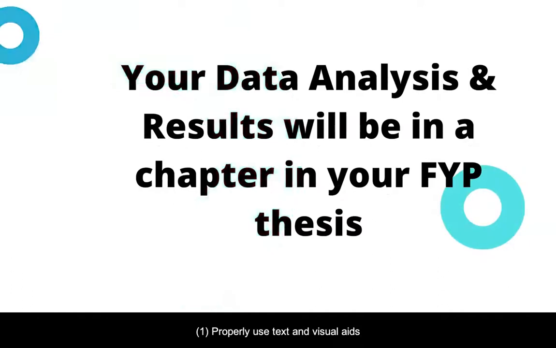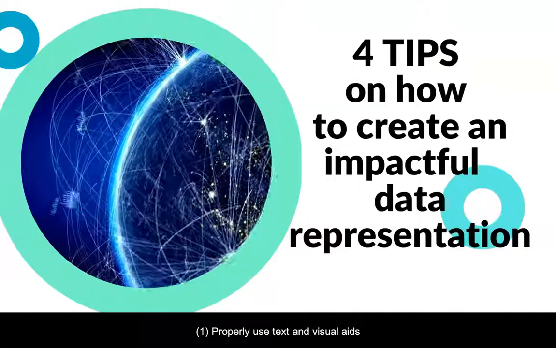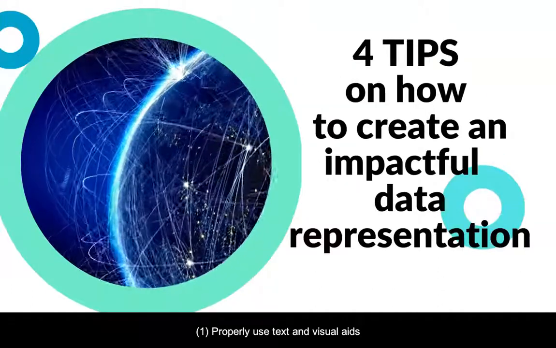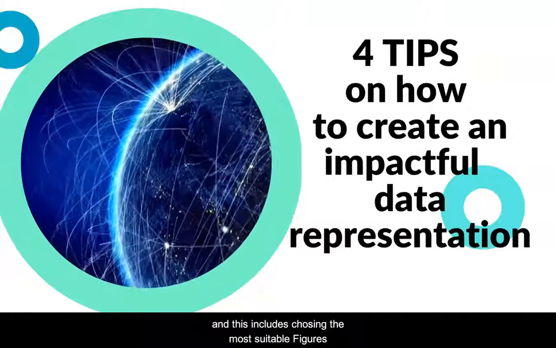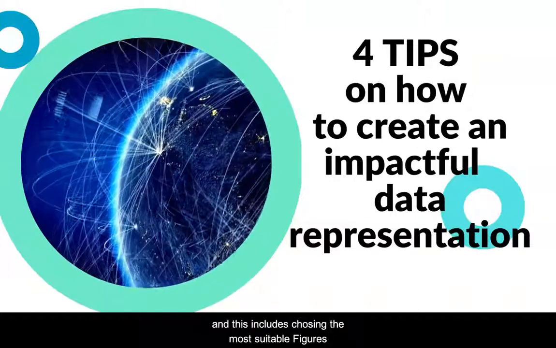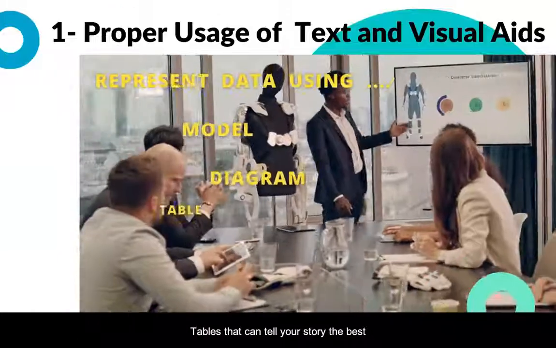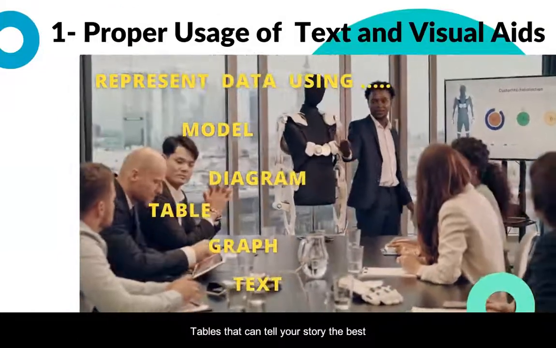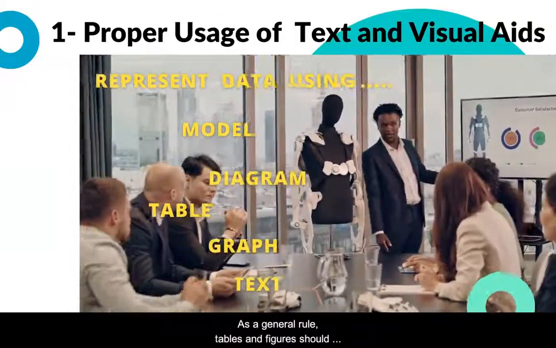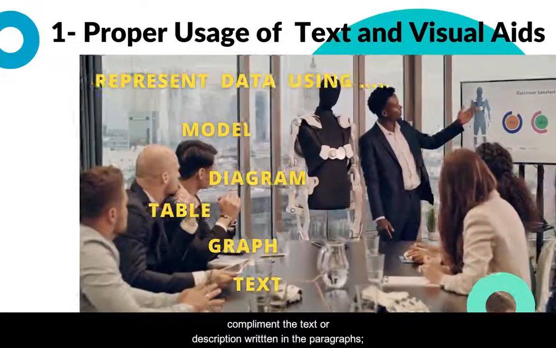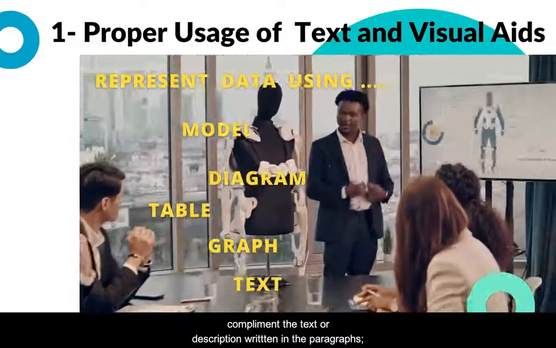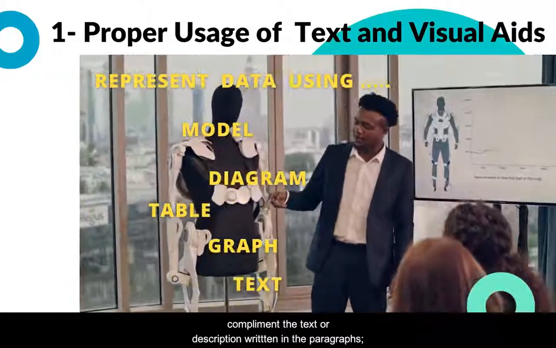First, you must use proper text and visual aids to represent your data. And this includes choosing the most suitable figures and tables that can tell your story the best. As a general rule, tables and figures should complement the text or description written in the paragraphs.